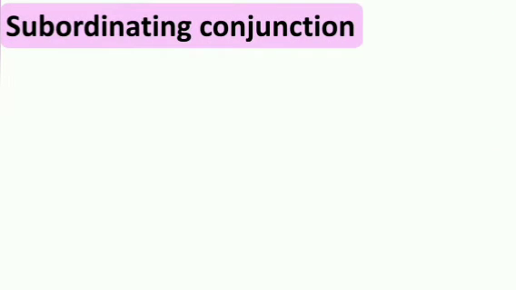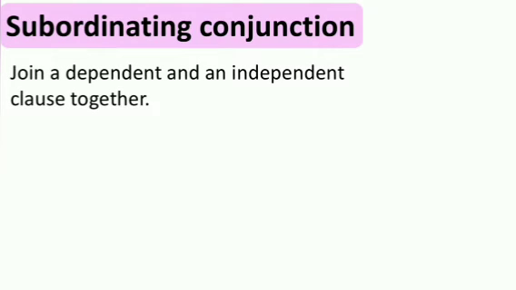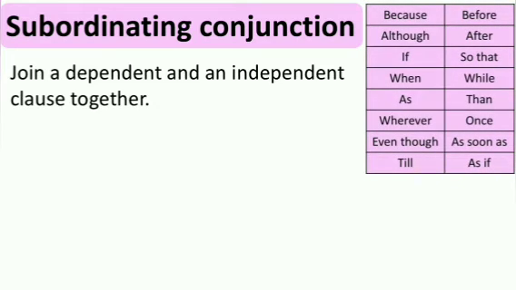Subordinating conjunction. This type of conjunction is used to join a dependent and an independent clause together. These include because, before, although, after, if, so that, when, while, as, than, wherever, once, even though, as soon as, till, as if. So there are 2 rules to remember when using subordinating conjunctions.